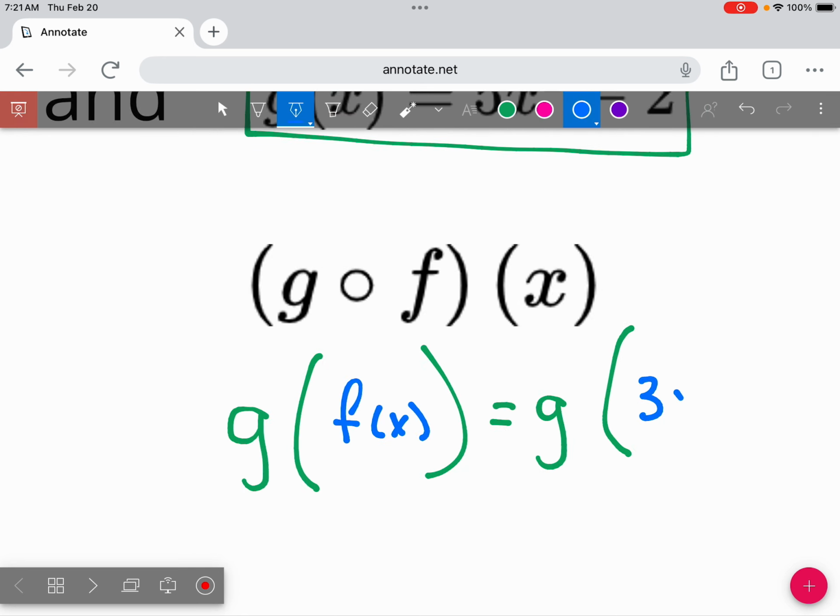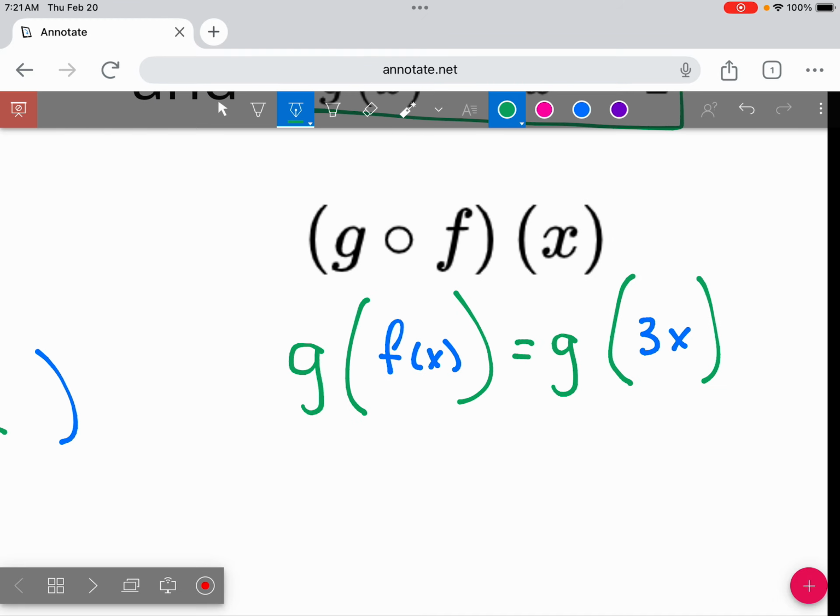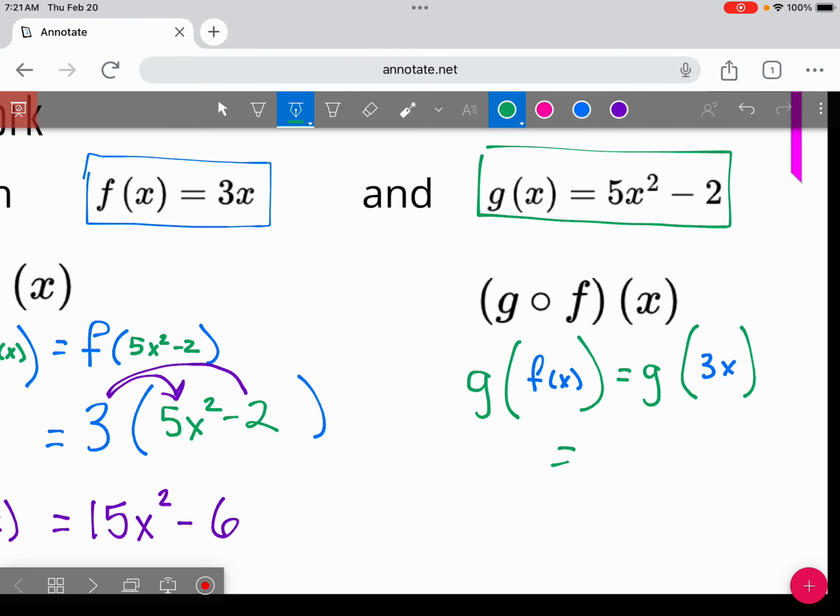We're substituting that 3x in place of the x. So for g, that's going to be our 5 times our something squared, but the thing we're squaring is actually our 3x.